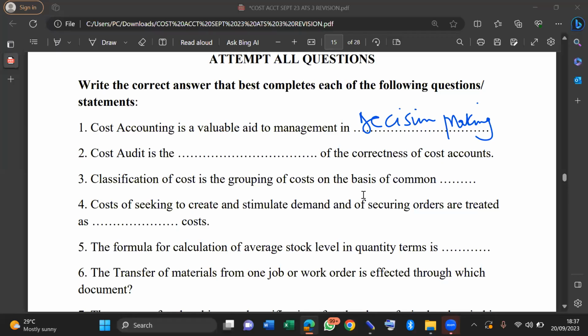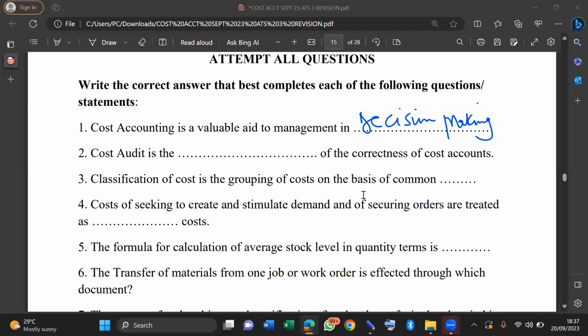We have cost accounting is valuable for the management in making their timely decision. So the next one is a cost audit. Cost audit is the dash of the correctness of cost accounts. What do we think is the correct answer? Verify.